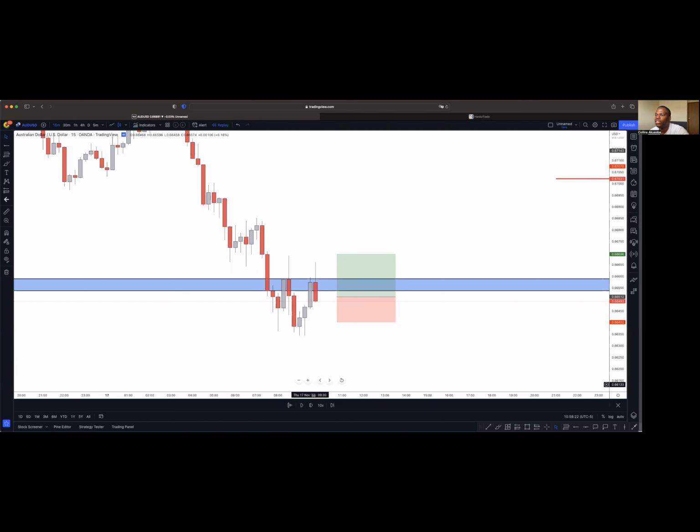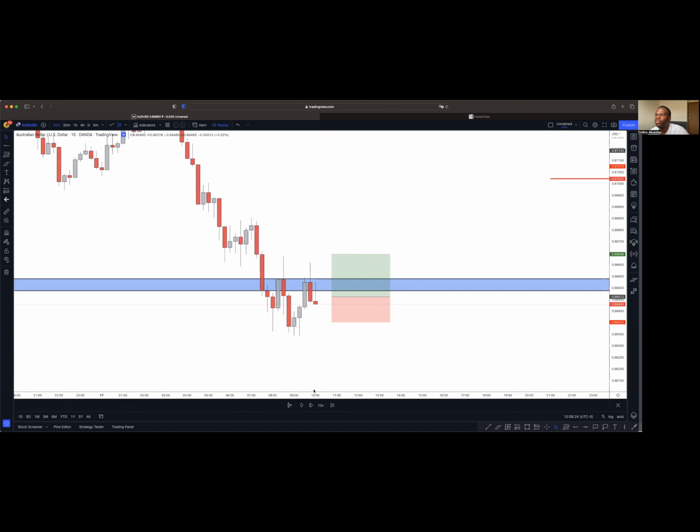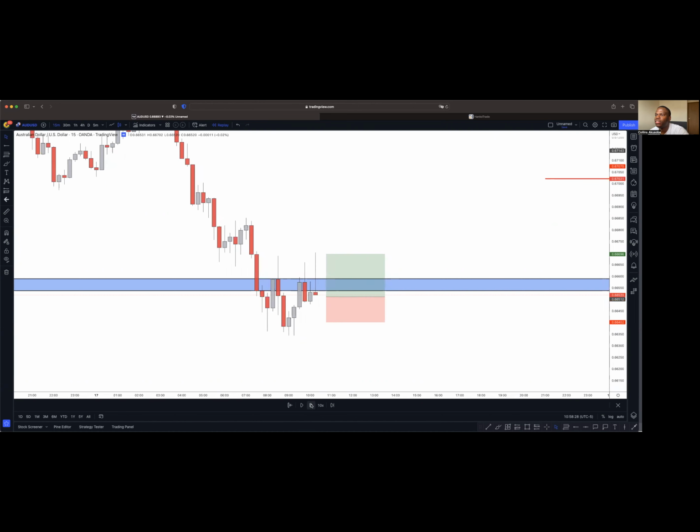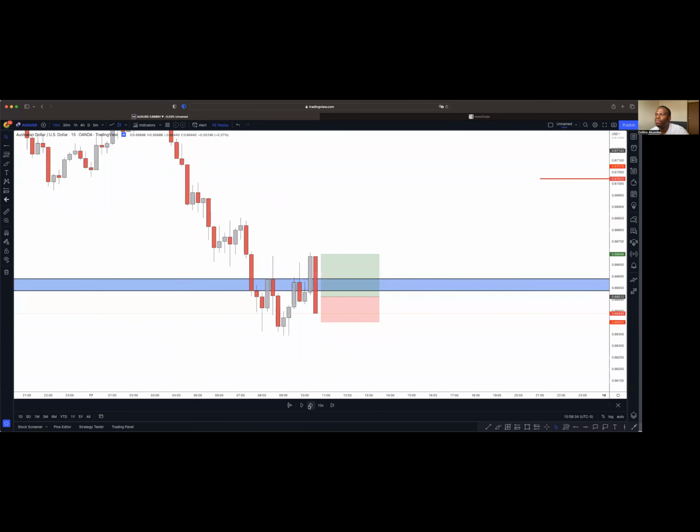So I saw price came back down, pulled back a little bit, pushed back up. Okay, now price immediately came down. Now I'm seeing the way price is reacting. I'm saying, okay, price rejected this level.